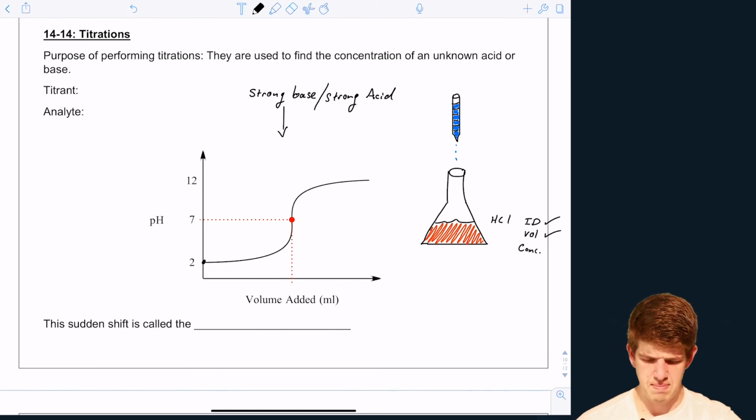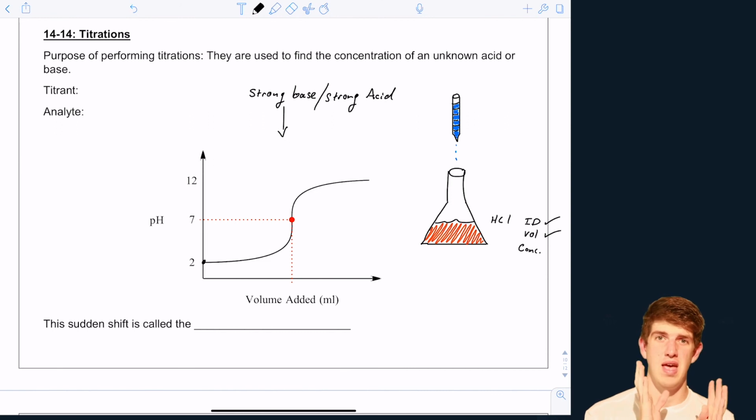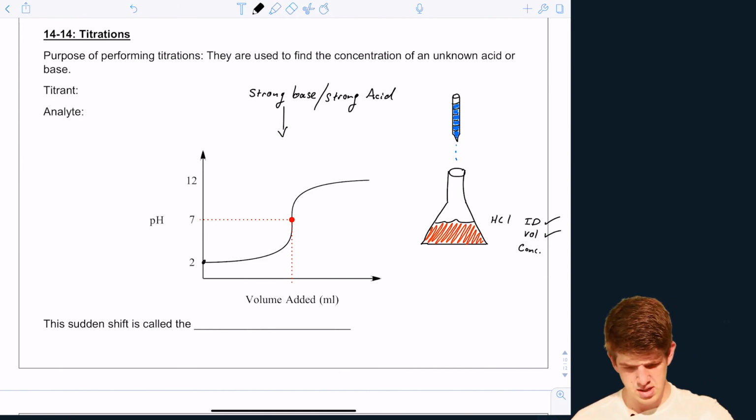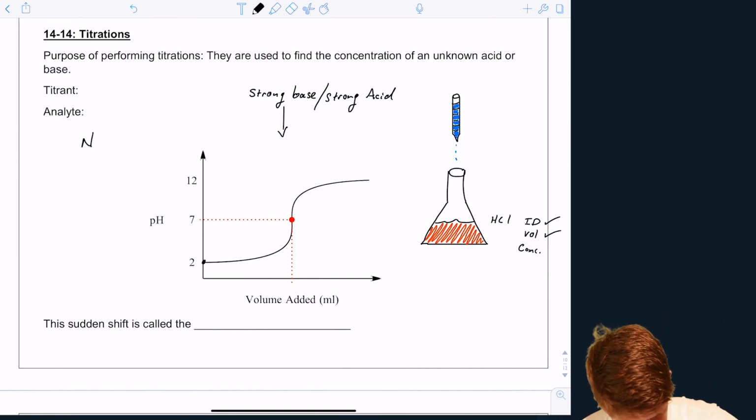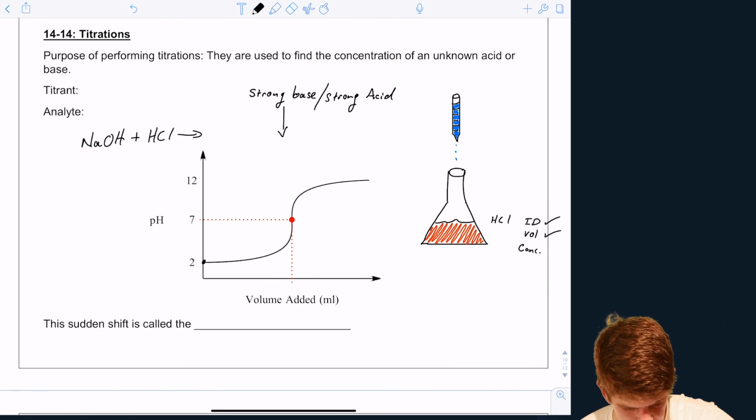All you really need to know for titrations are some basic definitions and the basic process. So what's going to happen? Well, at a pH of 7, what actually is occurring? At a pH of 7, that is the neutralization point, remember? So all of my NaOH and all of my HCl are canceling out to form H2O and NaCl.